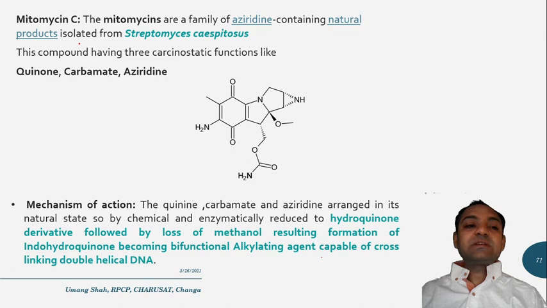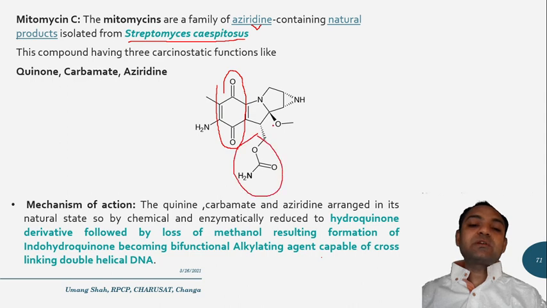Next is mitomycin C. It is basically a family of aziridine-containing natural products, isolated from Streptomyces caespitosus, and basically three main structural characteristics are required to have carcinostatic action. One is the quinone ring, another is the carbamate functional group, and the third is the aziridine ring.